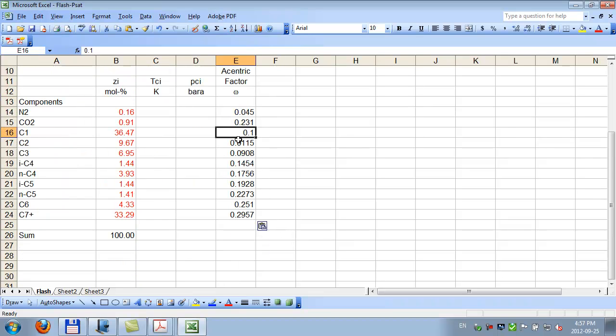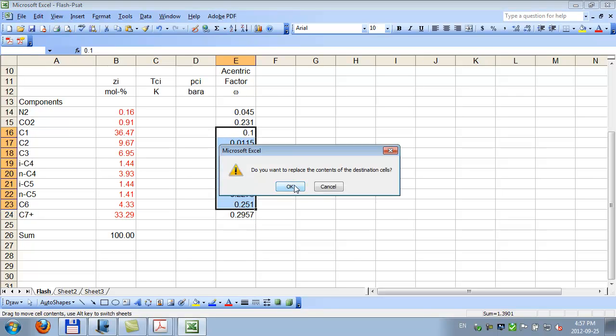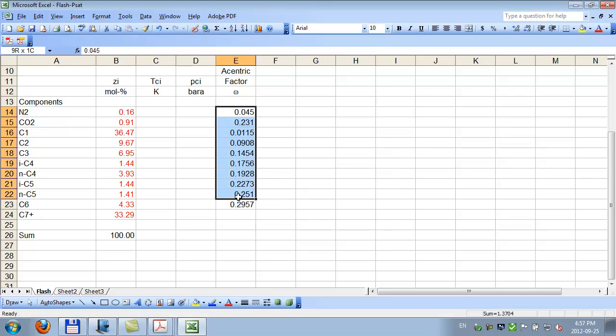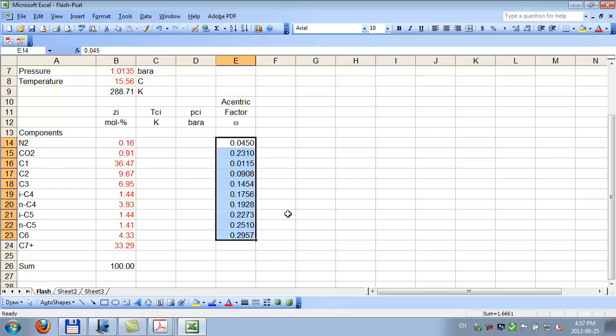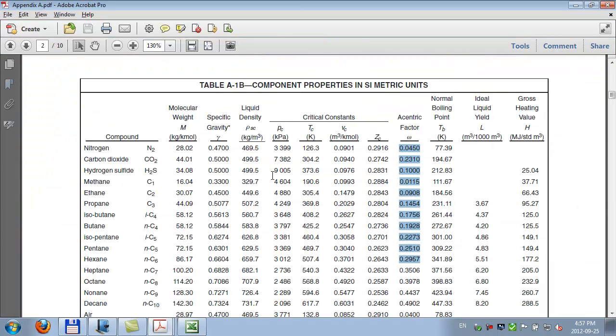So we'll just drag these up here and make them look kind of nice, with the same number of digits. And then pick up the PC. Uh-oh, it's kilopascal.